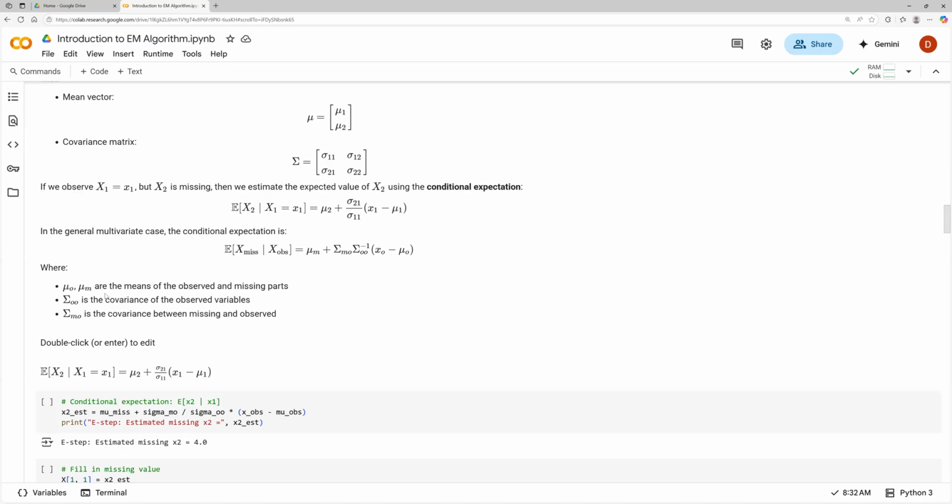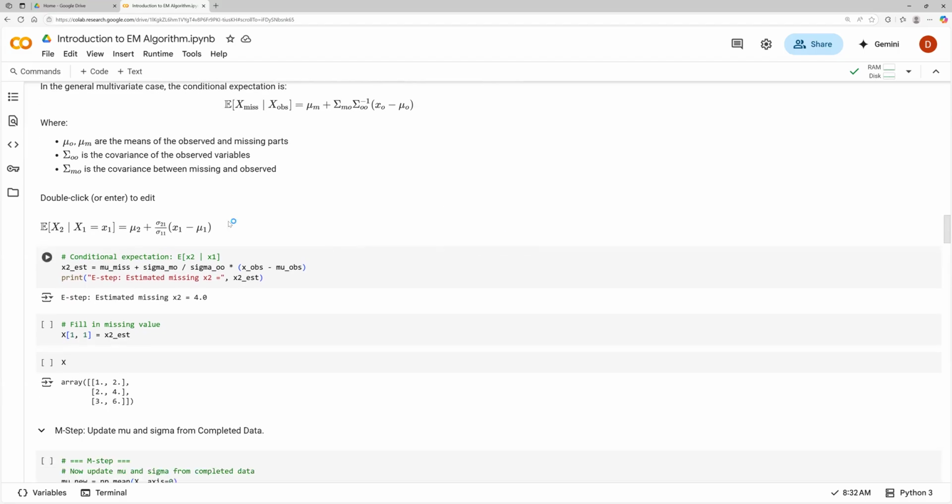I'm sorry, covariance OO here is the covariance between the observed variables, and this, sigma MO, is the covariance between the missing and the observed. This is not the variance. So I apologize for that mistake.